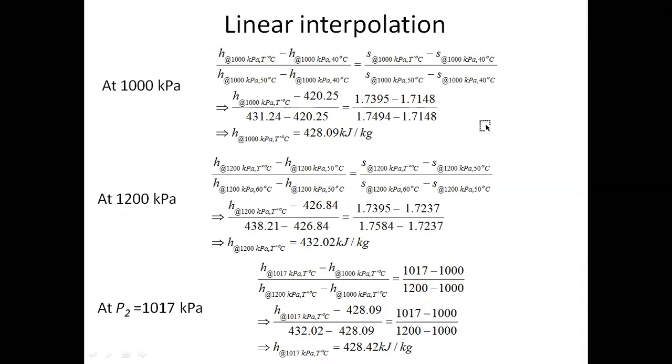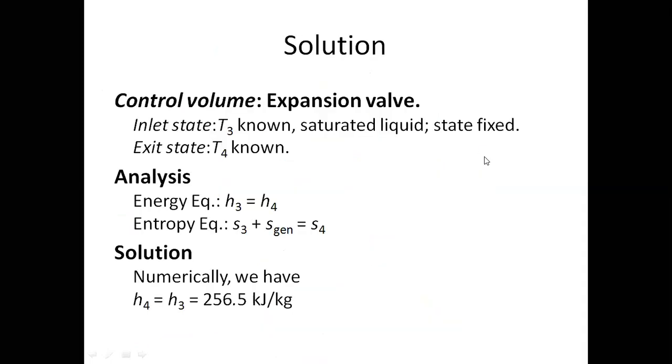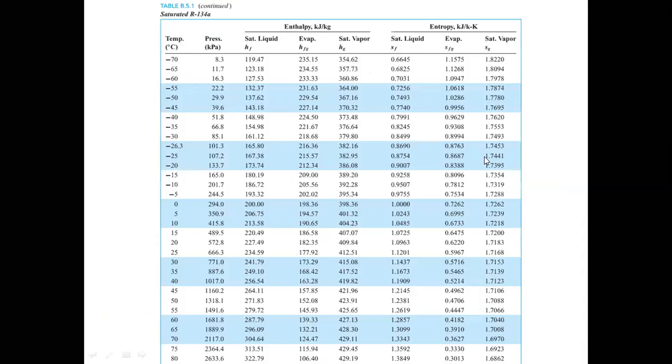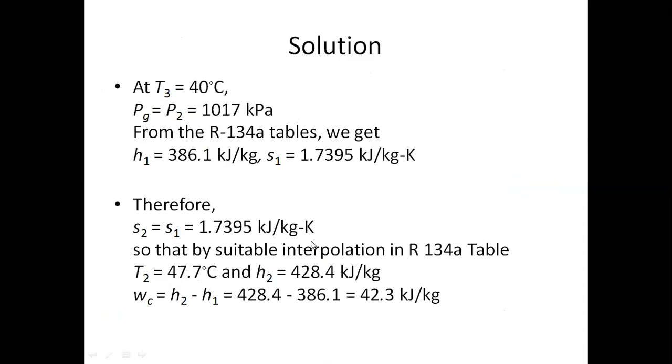Here we have calculated by linear interpolation the value of H2 to be 428.42 kilojoule per kg.